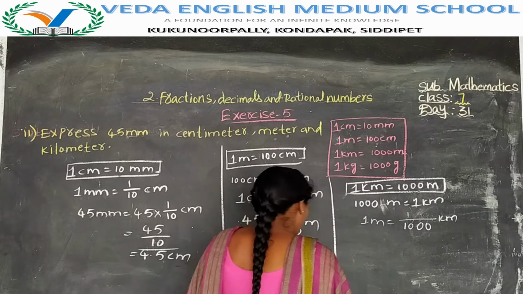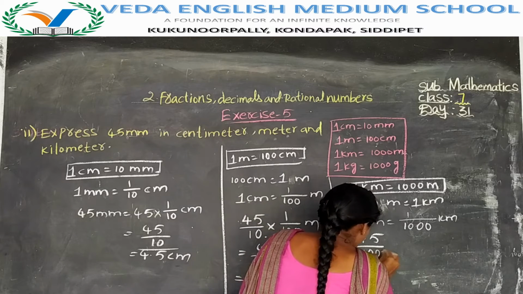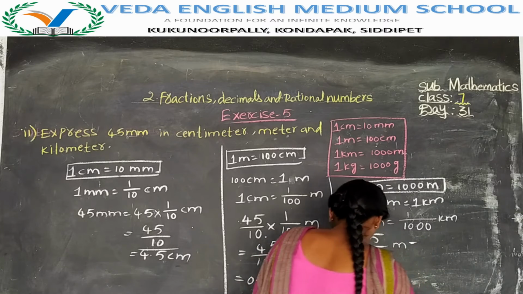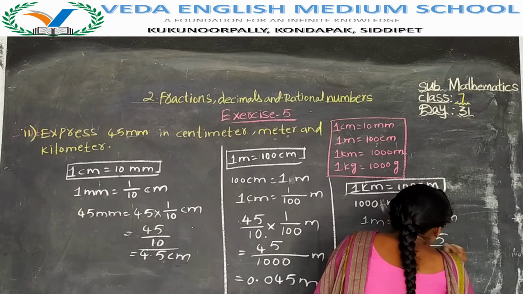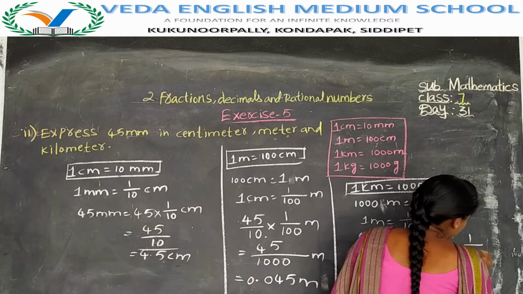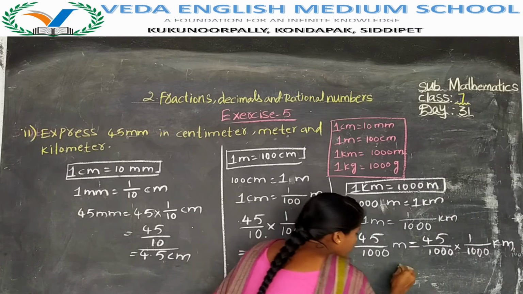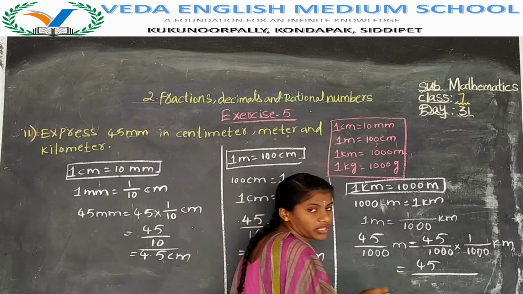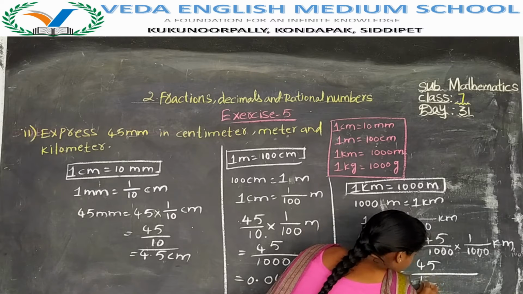Now we have to find for 45 by 1000 meters. That is 45 by 1000 into 1 by 1000 kilometers. Now multiply. 45 ones are 45. Here we have 1000 and here we have 1000. 1000 into 1000 is 10 lakh, that is 6 zeros.